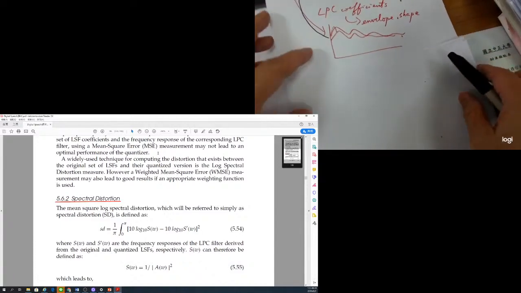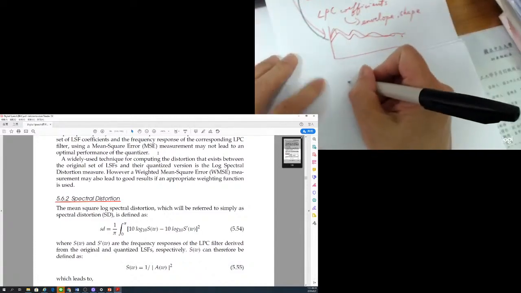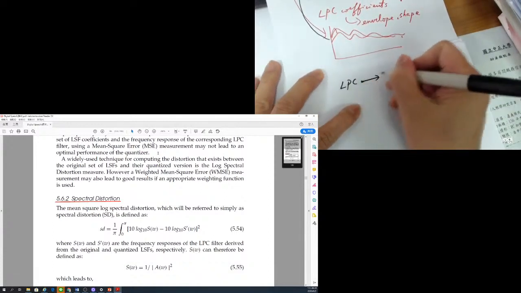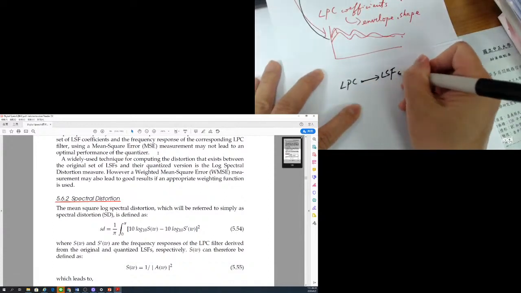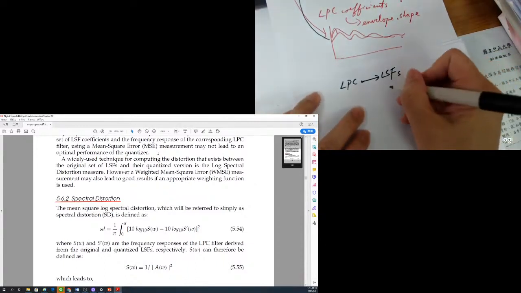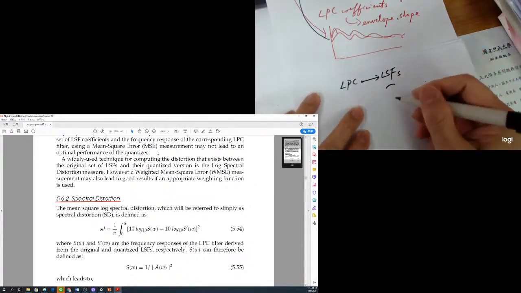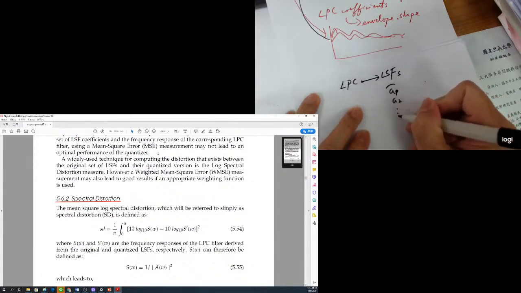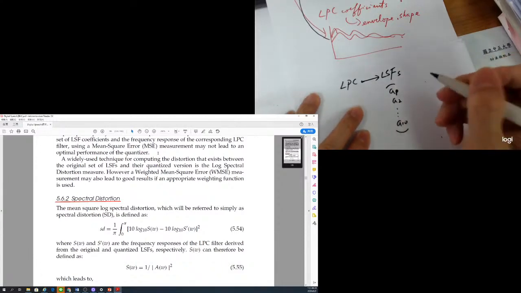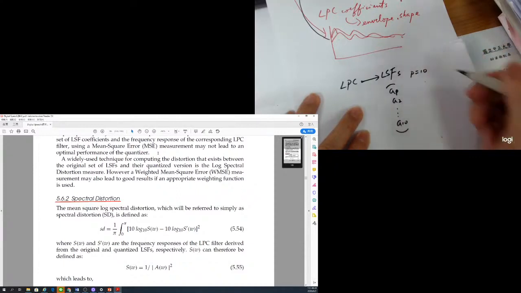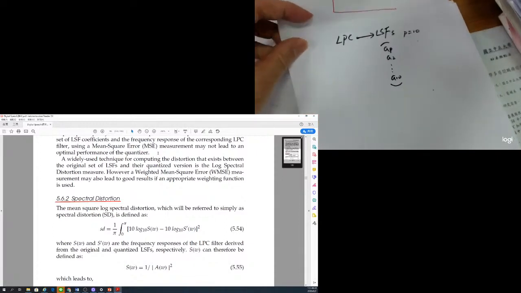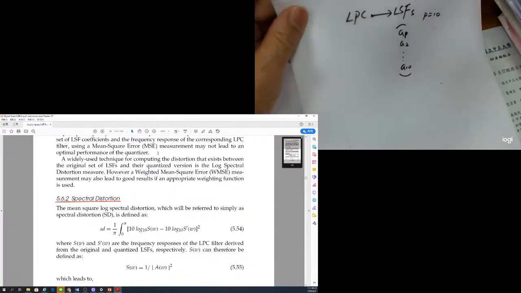Maybe I can use a simple example. We have an LPC coefficient, LPC, to generate the line spectrum frequency. So we have elements like A0, A1, A2 up to A10, so the order P equals 10. According to this condition, we have to do the quantization.